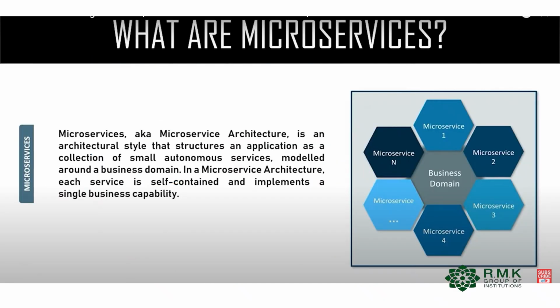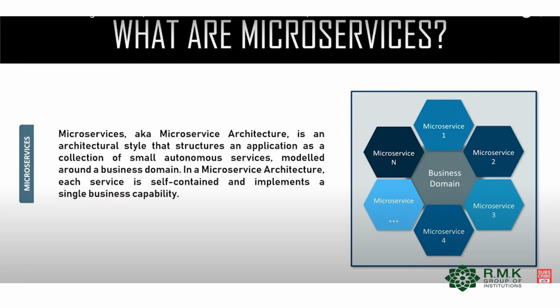In industry and in real-time examples nowadays, many architectures exist, but particularly we are showing interest in the microservice architecture. Microservice is one of the architectural styles. Here we get small autonomous services, and then we combine them into a larger business module.